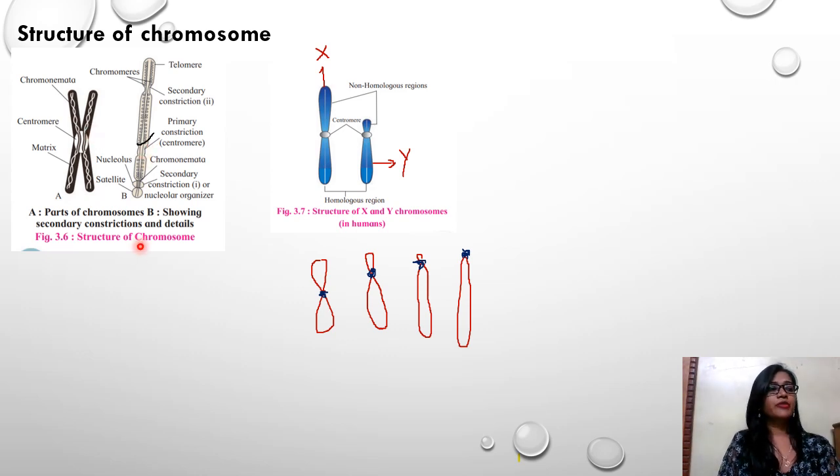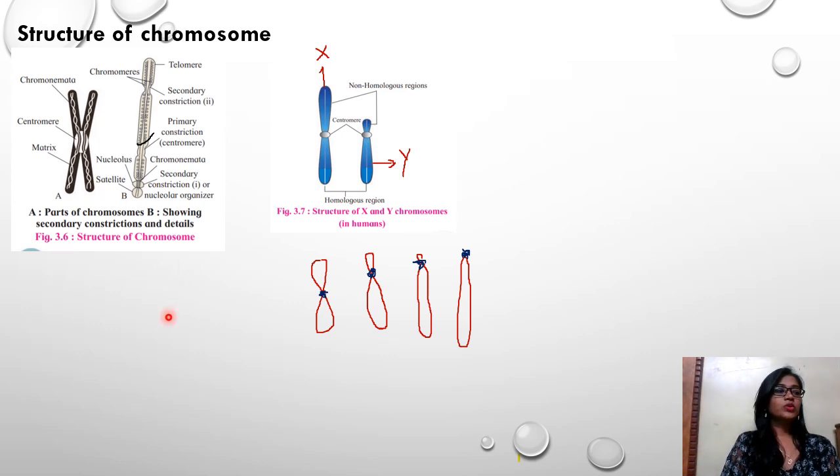Now, what is the shape of the chromosome? The shape also varies according to the stages of cell division. When we studied cell division, we saw that the chromosomes have different kinds of structures.